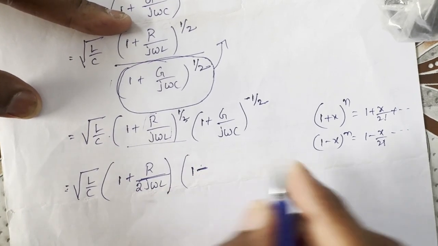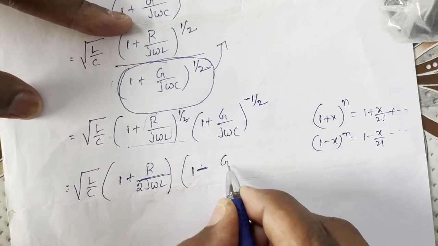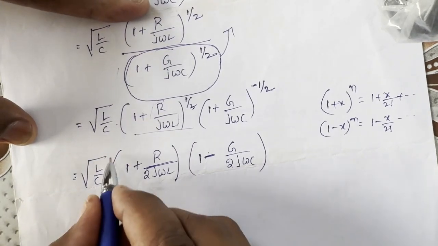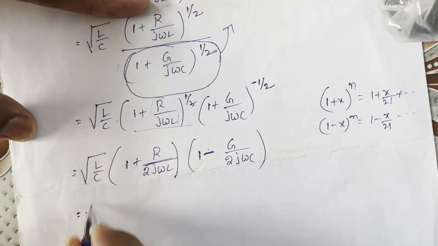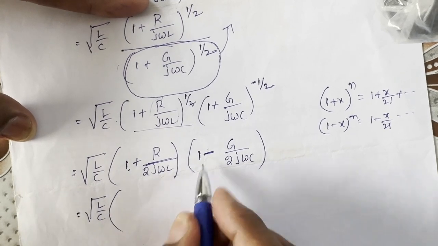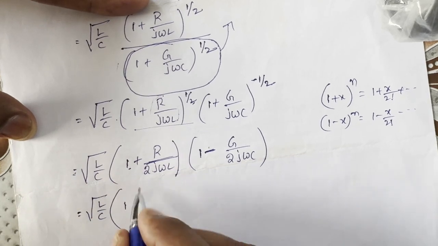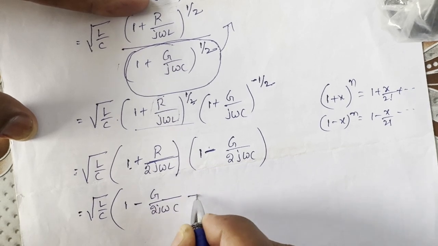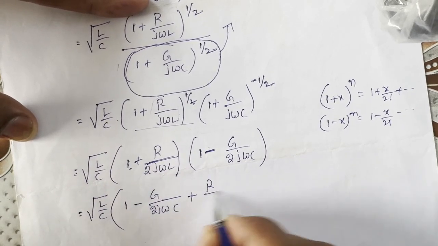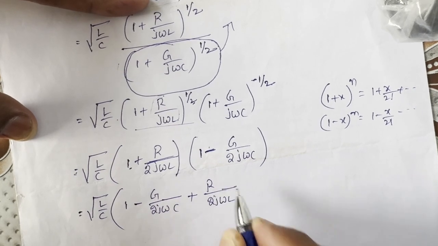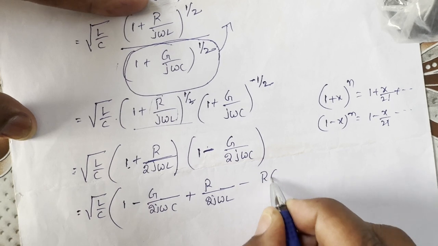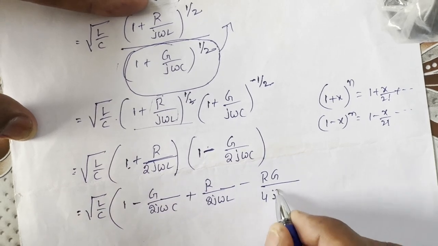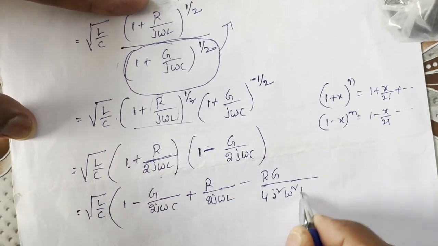And now 1 minus, here it is minus, 1 minus G by 2j omega C. Now multiplying internally, first I am multiplying these two terms, that equals square root of L by C into 1 into 1 into minus G by 2j omega C minus G by 2j omega C plus this one into this one, R by 2j omega L, this one into this one, minus RG by 2 into 2, 4 j into j squared, omega into omega squared LC.